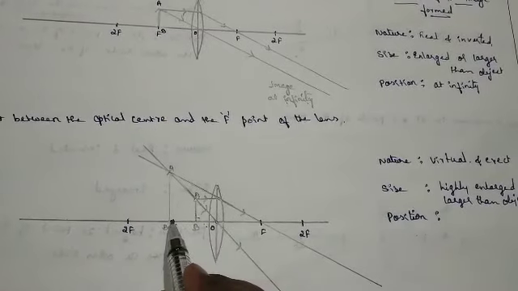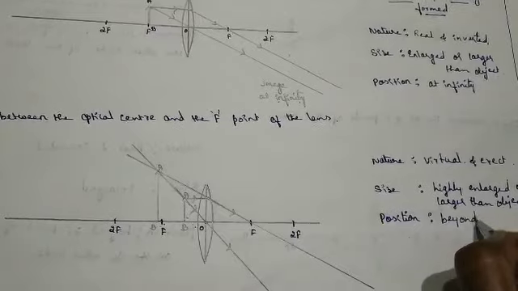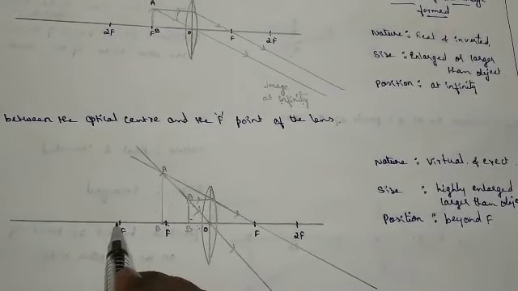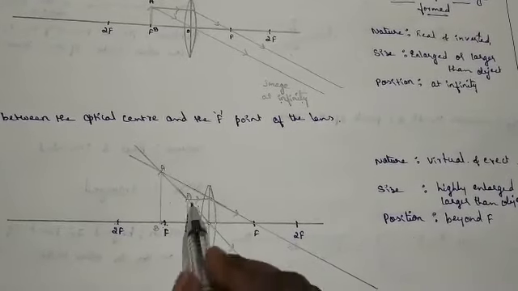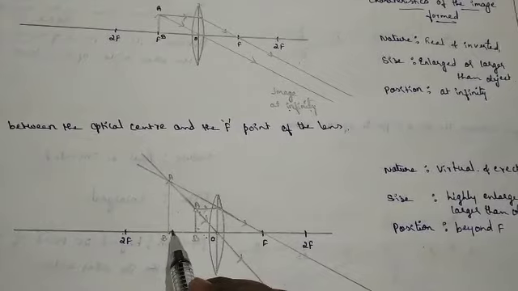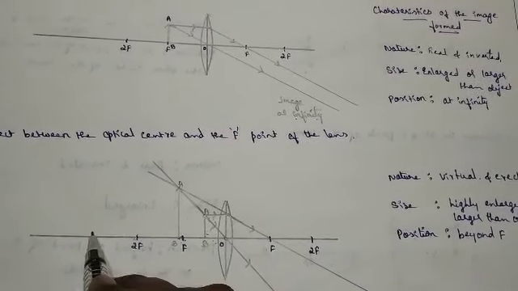And the image formed is beyond F. Beyond F in the sense it can cross even 2F also. So it depends upon the size of the object you are going to take. Some may get beyond F, some may get at 2F, some may get beyond 2F also children.